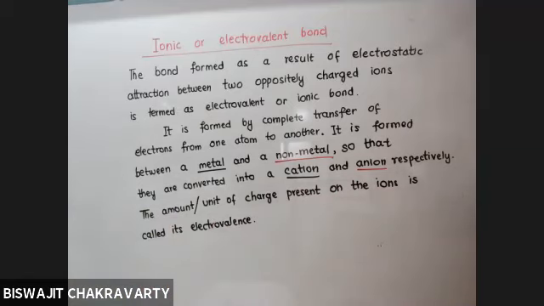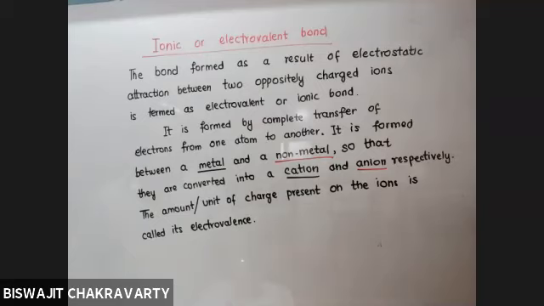During the formation of the ionic bond, whatever charges are acquired by the cation or anion will be called the electrovalence of that ion. Suppose sodium. Sodium has one electron in its outermost shell. In order to acquire 2,8 configuration, sodium is going to lose one electron and will develop +1 charge. We will say that the electrovalence of sodium is +1. Similarly, the electrovalence of chlorine will be -1 because chlorine will be accepting the electron.